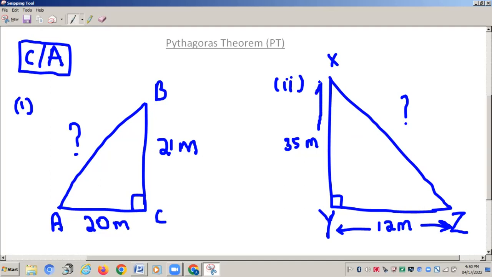So remember, you're supposed to have your calculator with you. Find AB and XY using Pythagoras theorem. You're supposed to get some nice whole numbers, but you also can get decimals. After this, we're going to look at how to find a short side.